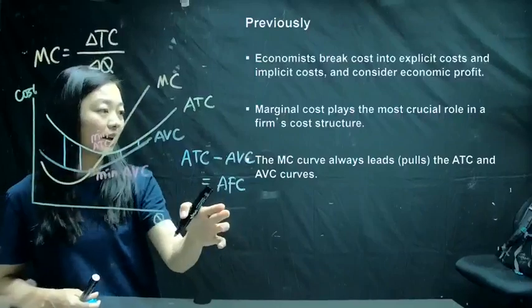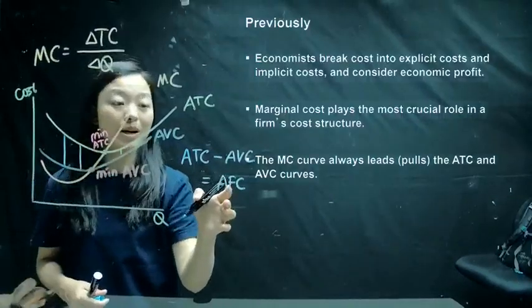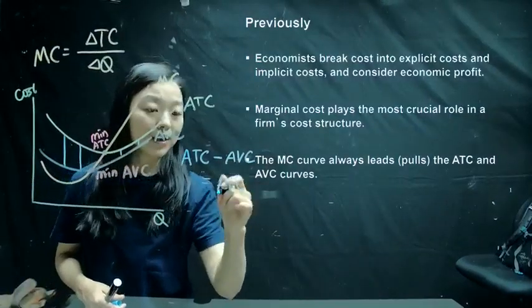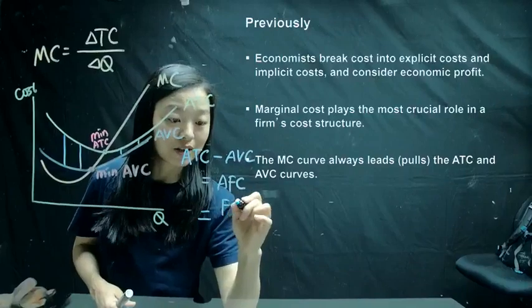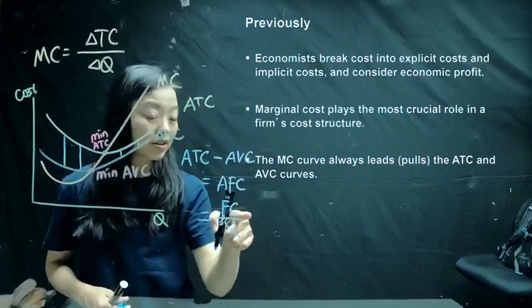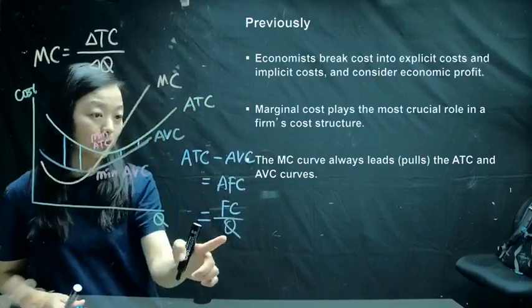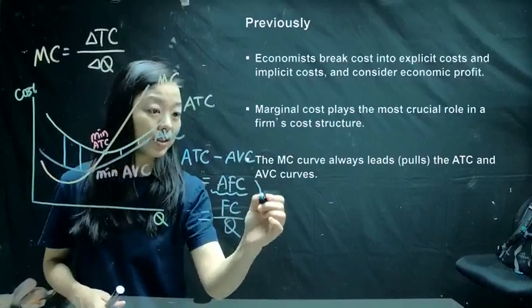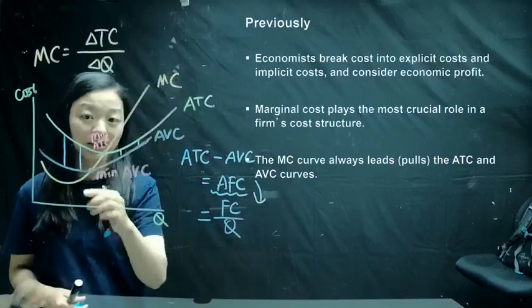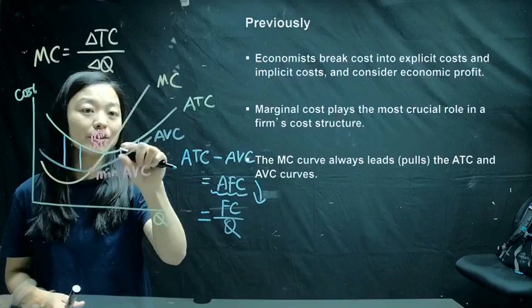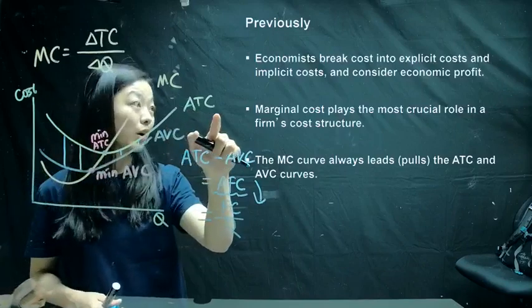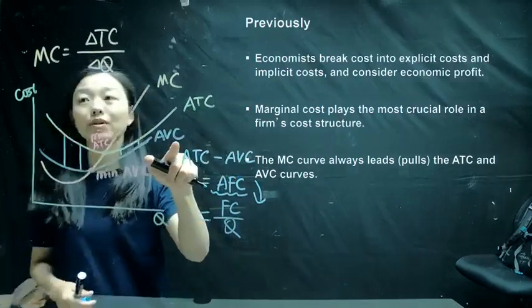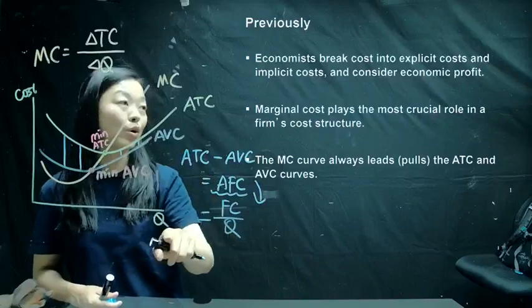We already learned in chapter 13 that average fixed cost is equal to fixed cost divided by quantity, right? Fixed cost doesn't change. However, with more quantity, the average fixed cost declines. And this is why the vertical distance between average total cost and average variable cost shrinks as we have more outputs.